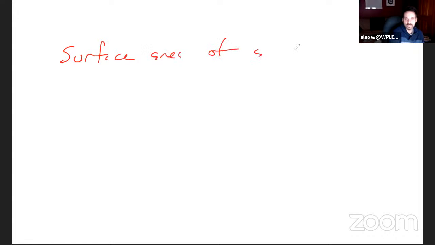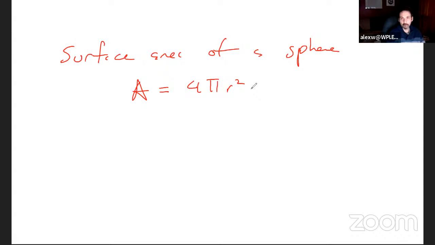This is what it's equal to. According to Google, because it does not lie, the surface area of a sphere is equal to this. All right, so that's cool. So you might say, okay, so what? Well, hold that thought. First of all, we have this sphere.